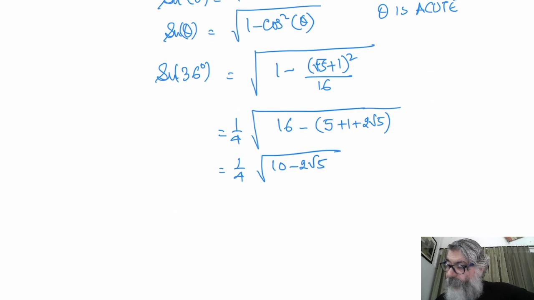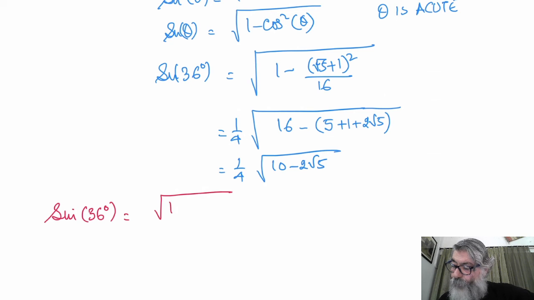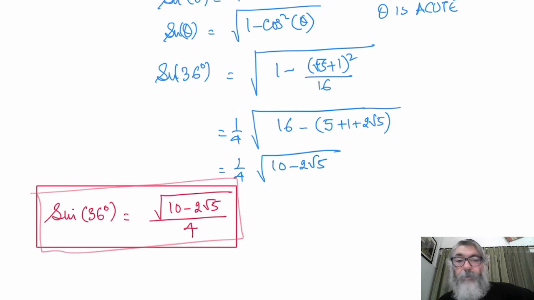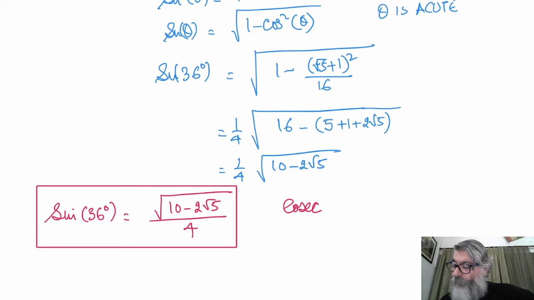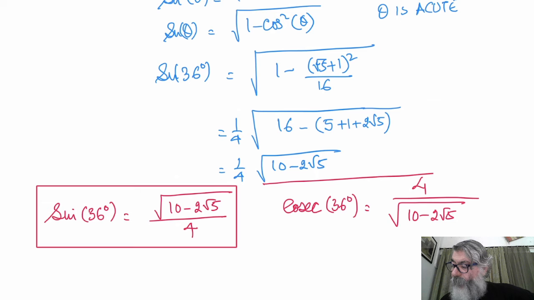So sin 36 comes out to be root of 10 minus 2 root 5 upon 4. When I have got sine, I will get cosec along with that. Cosec 36 degree will come out to be 4 upon root of 10 minus 2 root 5. It will become like this.